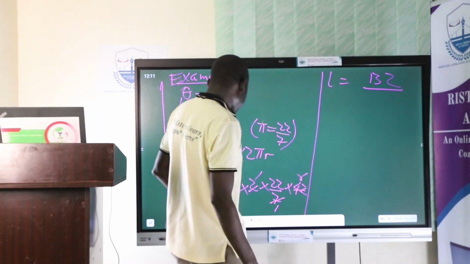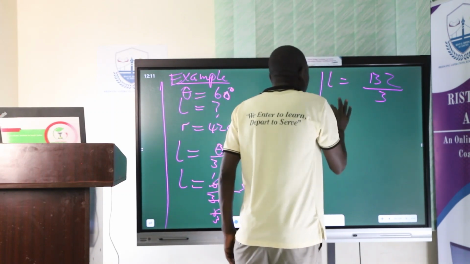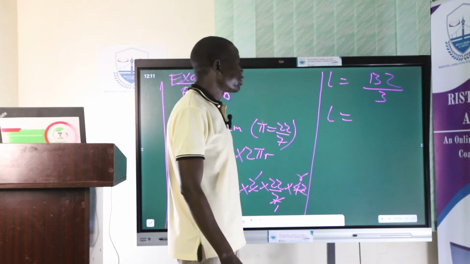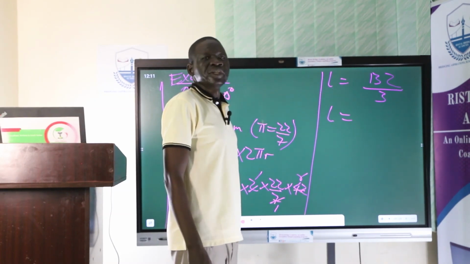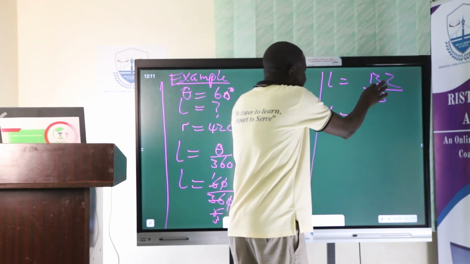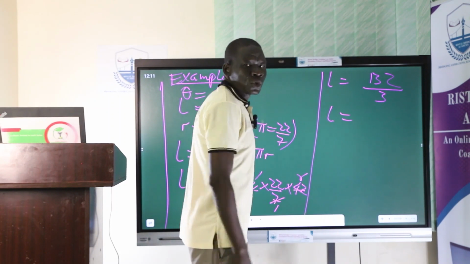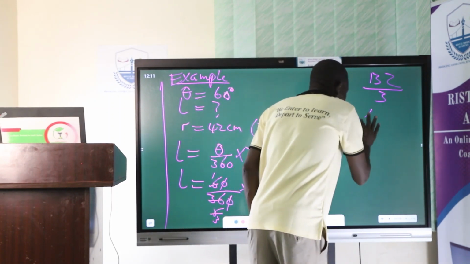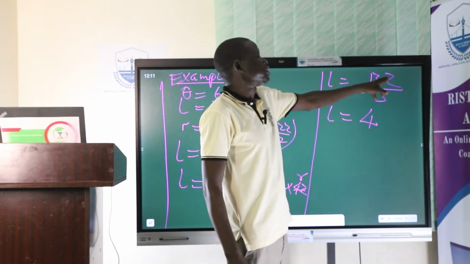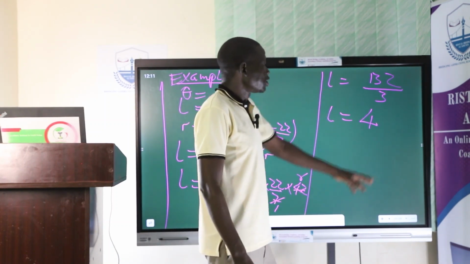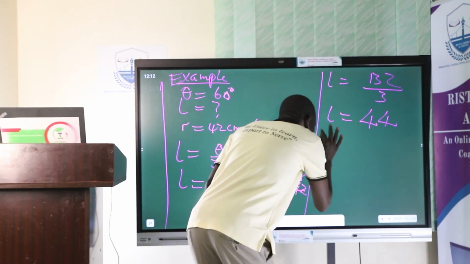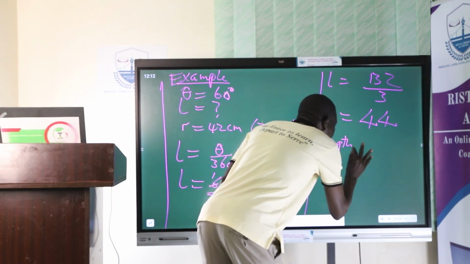And 132 divided by 3, first of all, 13 divided by 3 goes 4 times. Remember 1, that 1 we put here to make it 12. 12 divided by 3 gives us 4. So therefore, the length of the arc will now equal 44 centimeters. That is how we find the length of an arc.